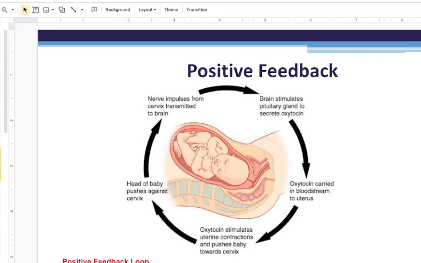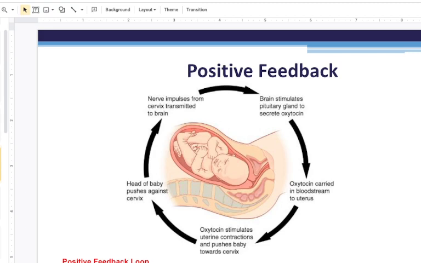The oxytocin is carried in the bloodstream and has the receptors of the uterus that can bind to this oxytocin. And this complex of our receptor binding to oxytocin is going to stimulate increased uterine contractions and helps push the baby towards the cervix to help us carry out labor and delivery.